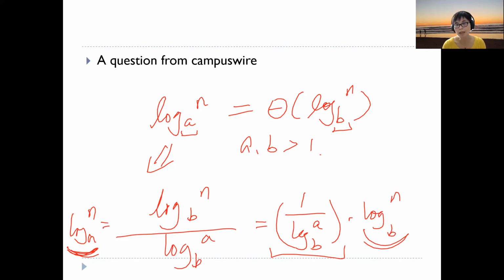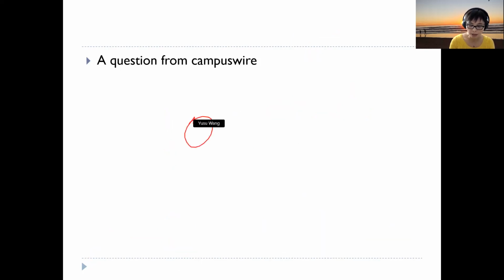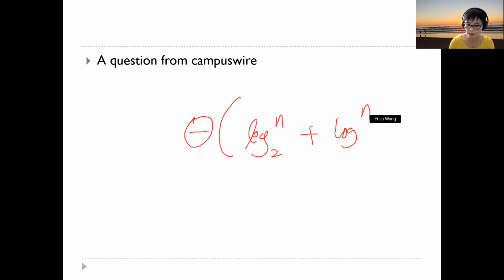Okay, in your homework, even though sometimes we write just log n, log n really means that I am assuming base 10. So in the homework, if you write log n base 2, that's also okay. Although it will not be okay if you give me an answer like log n base 2 plus log n base 3.